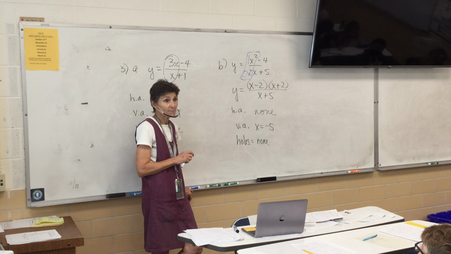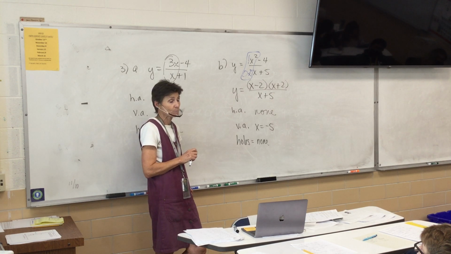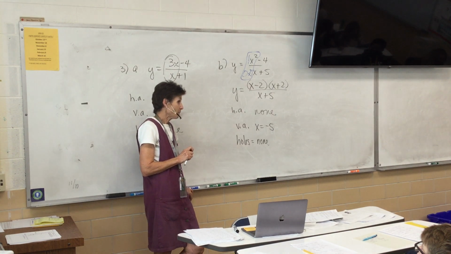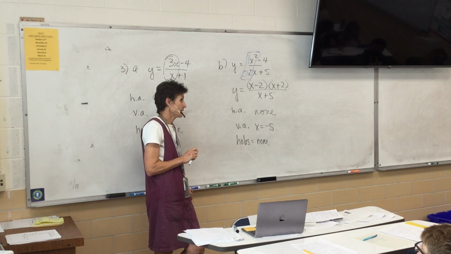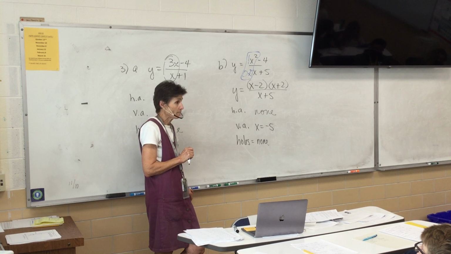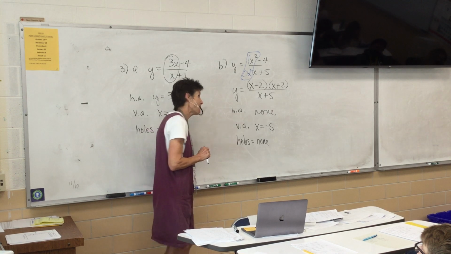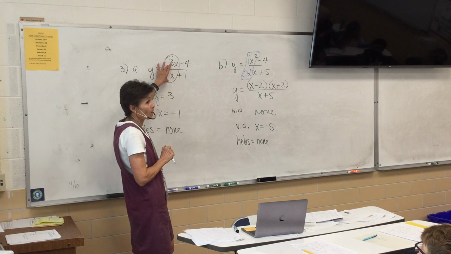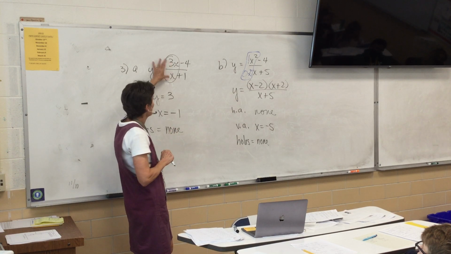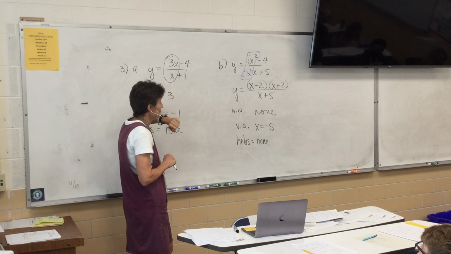When the power on top is bigger, there's no horizontal asymptote. When the power on the bottom is bigger, the horizontal asymptote will be at 0. Every time. When they match, it's like Olivia's problem over here. That's the best case. When they match, it's just that ratio. 3 over 1.